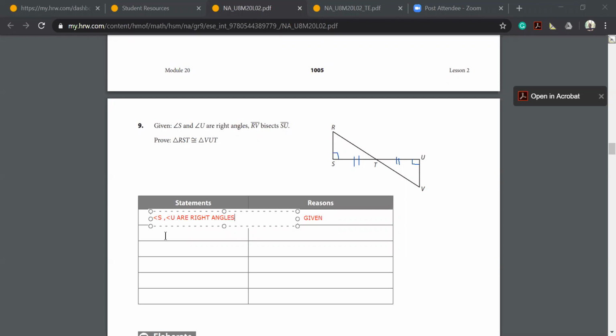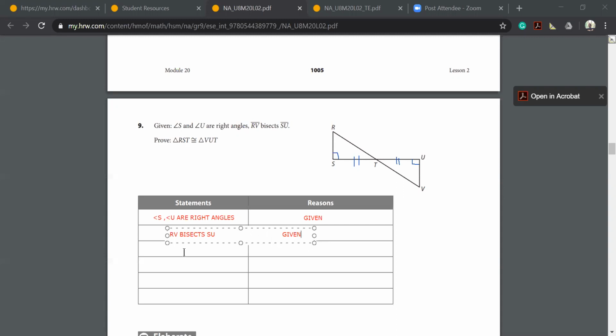This is given. And then RV bisects SU. You are just copying. RV bisects SU. Why again? Because this is again given.